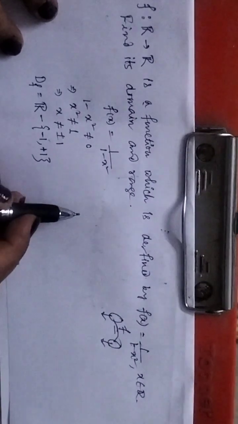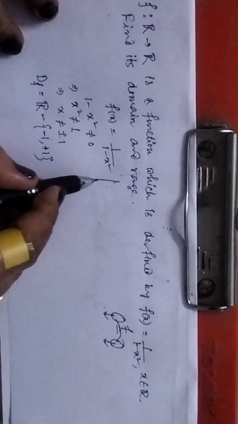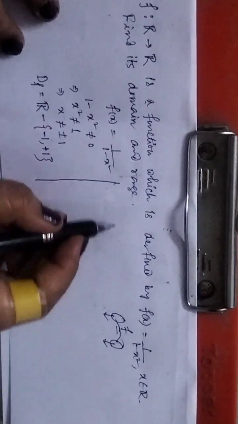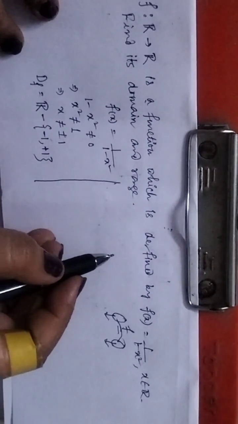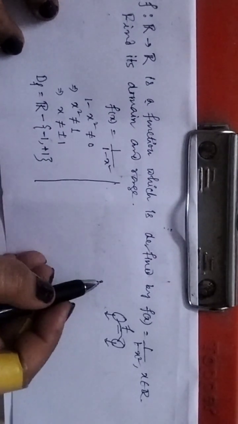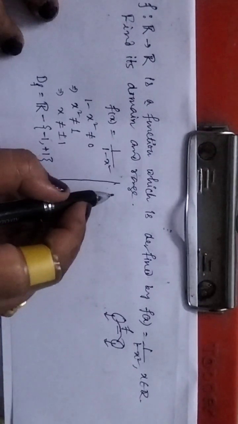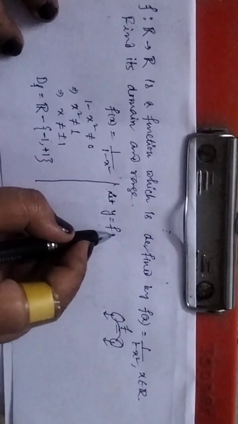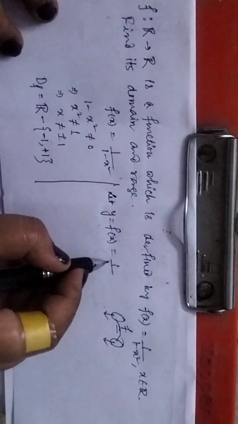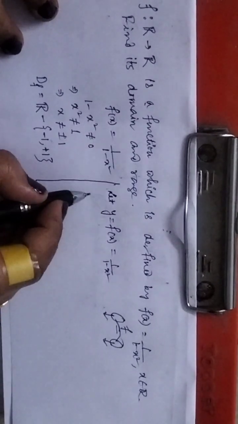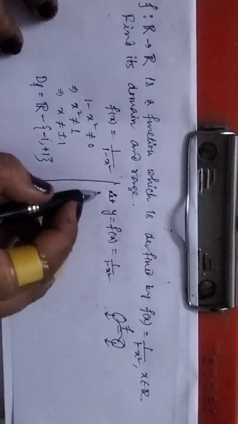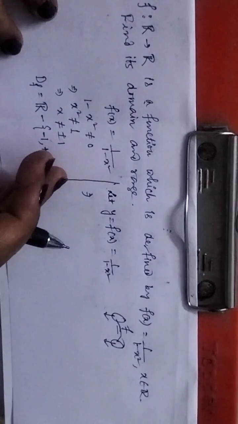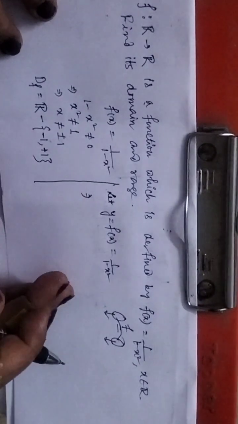Now let's go for the range. Look, students, let's take the image of every x in the range set as y. So let y equal f(x), which is 1 by 1 minus x square. In order to find the range set, let's first express x in terms of y.